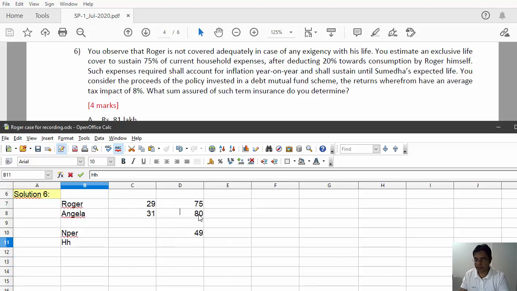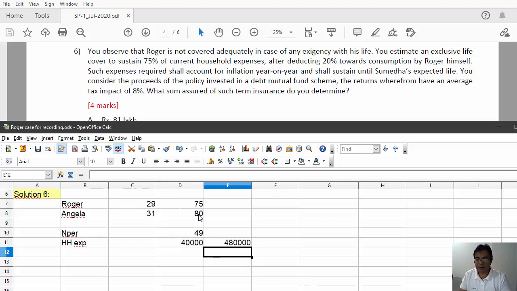Next is the household expense, which is 40,000 per month. Let me convert it into the yearly value, which is 40,000 multiplied by 12 months.